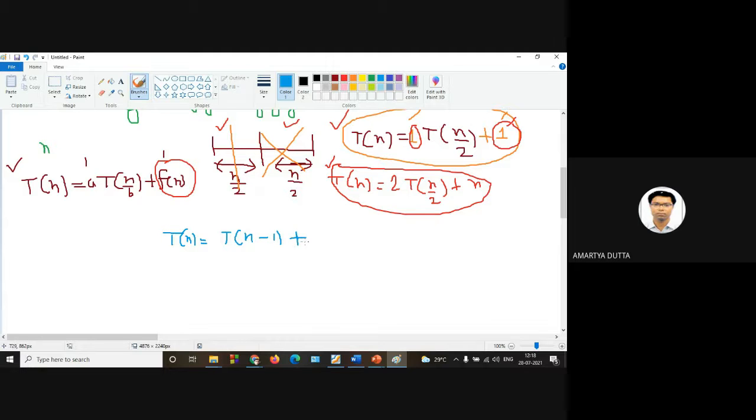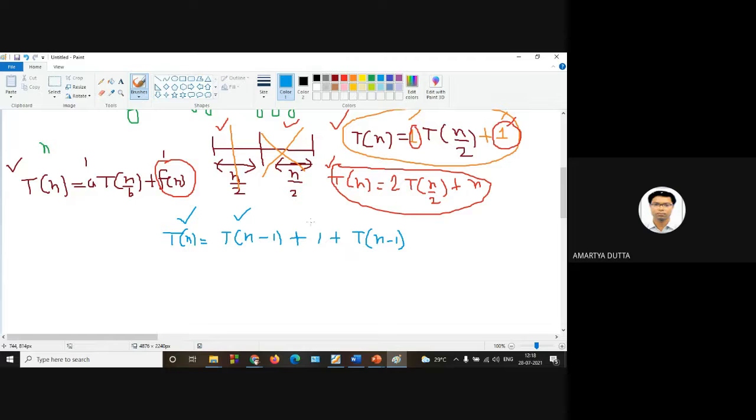Then we move the largest disk from the source to the destination using the auxiliary. And then again, we have to move the n minus 1 disks that reside at the auxiliary to the destination using the source. So T(n) is the running time for moving n disks. That's why T(n minus 1) is the running time for moving n minus 1 disks from your source to the auxiliary using destination.